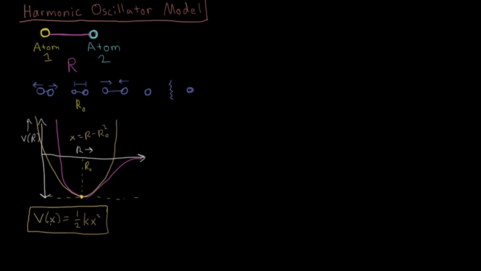So that's where we're headed over the next couple of models, looking at solving the Schrödinger equation for this type of potential energy function and looking at modeling vibrations inside of molecules.